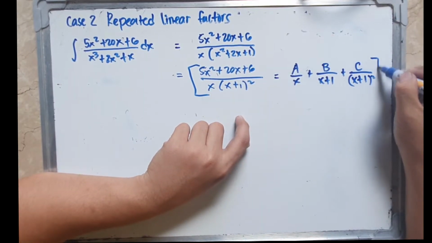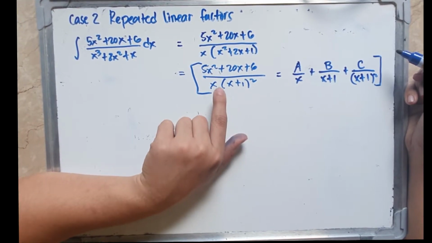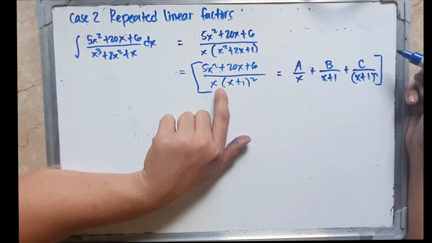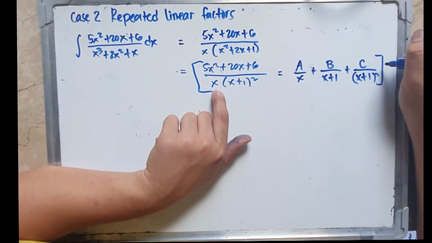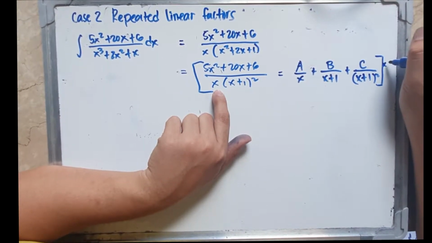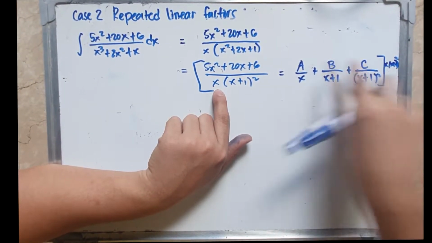Okay, what shall we do? We're going to find the basic equation by multiplying the denominator of the original function. We have x and we have x plus 1 squared. Multiply this to the original.